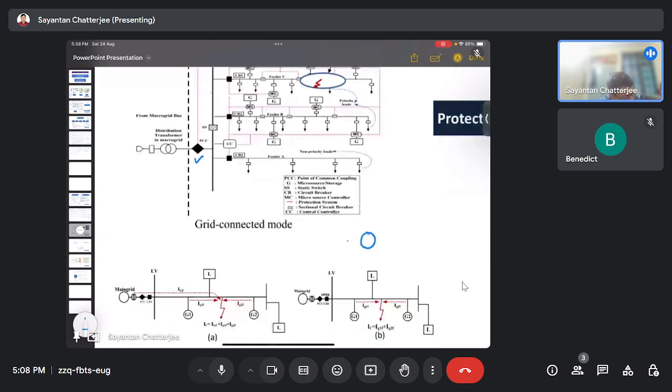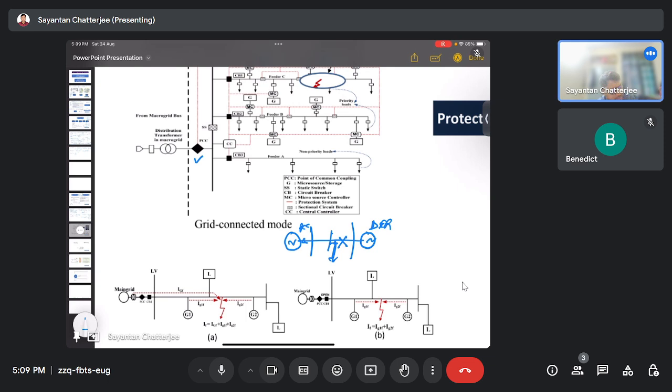Suppose here is the generation, here is the grid, here the PCC, and here we have another DG or DER on the distribution or microgrid side, and it is also delivering. Suppose a fault occurs; there are some buses from where loads are connected.